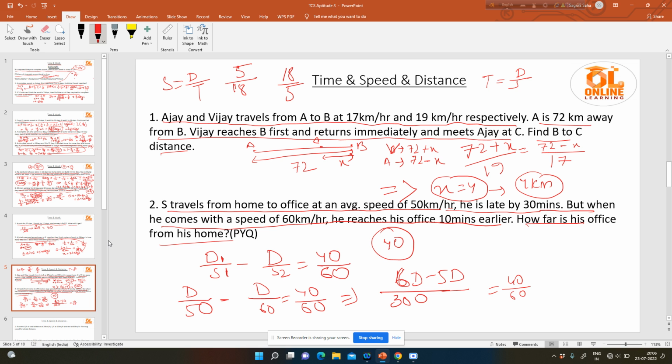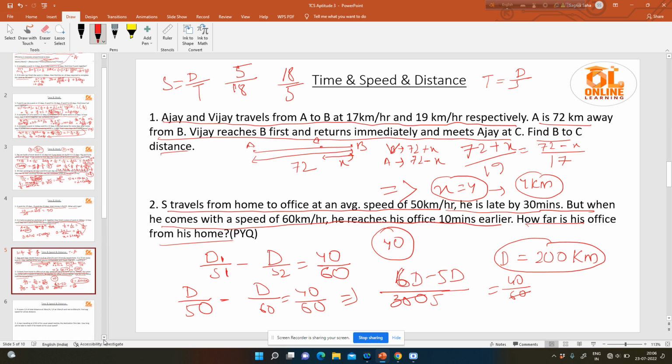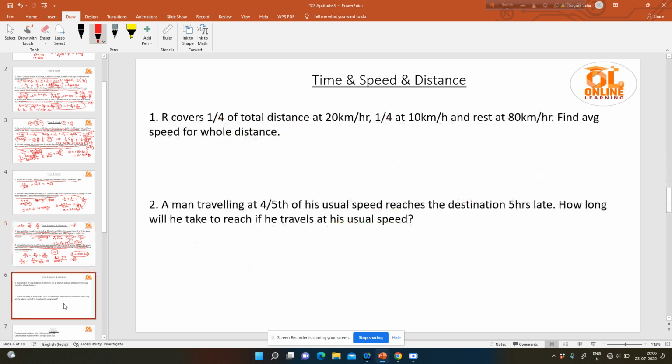Okay, so d would be 5 into 40, that is 200. So what is the distance between them? It is 200 kilometer. Hope you have understood, and it is a very important question. Okay, let us move to the next question.